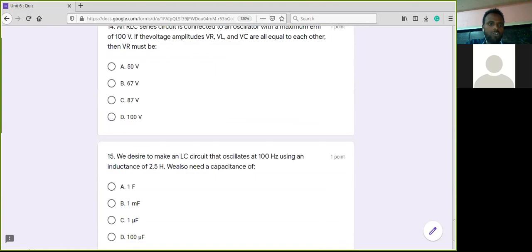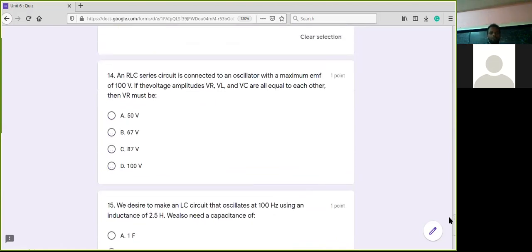Let's see question number 14. An RLC series circuit is connected to an oscillator with a maximum electromotive force of 100 volts. If the voltage amplitudes VR, VL, and VC are all equal to each other, then what is the voltage across the resistor?